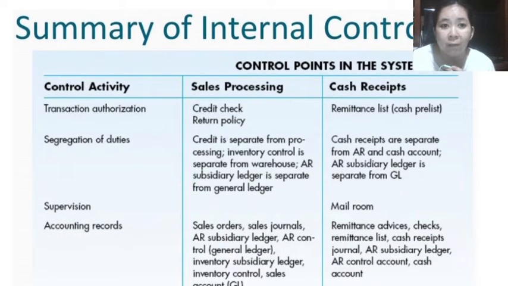For the control activity, for example, for the transaction authorization, the sales processing will be for credit check and return policy. For the cash receipts, remittance list. This is the use of our cash pre-list to determine if indeed those were authorized transactions.